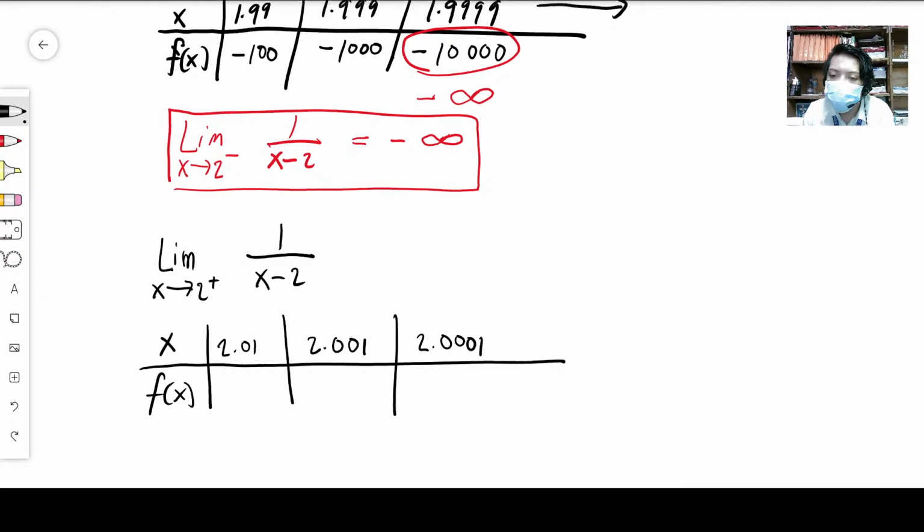Solving for the values of the function when x is equal to 2.01, your value for the function is 100, and then 1,000, and 10,000, positive. So it keeps increasing as x approaches 2, approaching positive infinity.